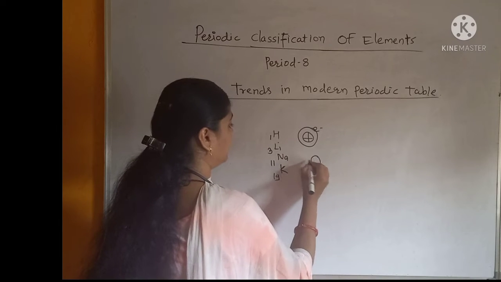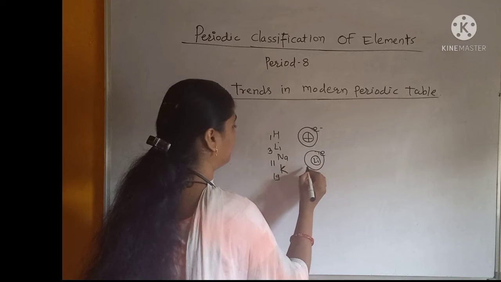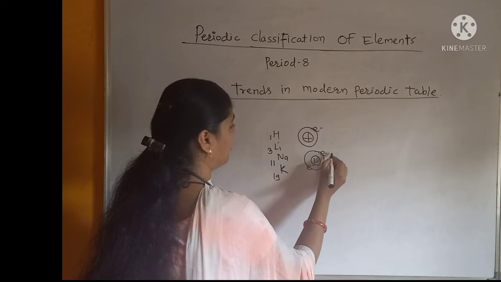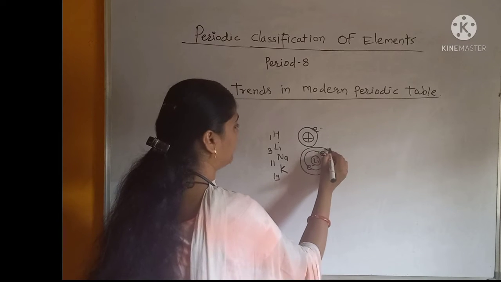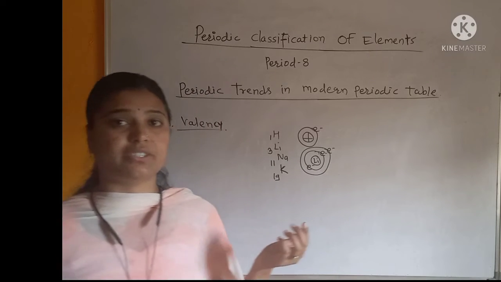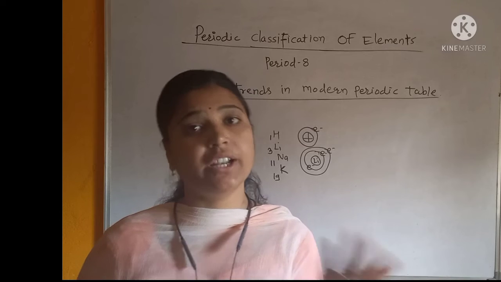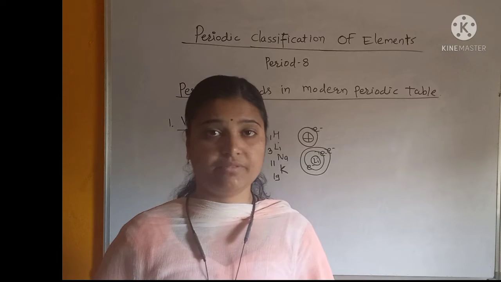Lithium has a nucleus with 3 electrons. The first orbit has a capacity of 2 electrons, the second 8, but the last orbit of lithium has only 1 electron, so it easily donates its electron and its valency becomes 1.